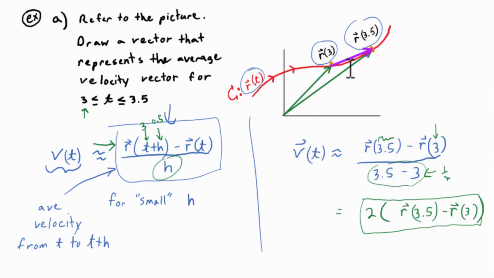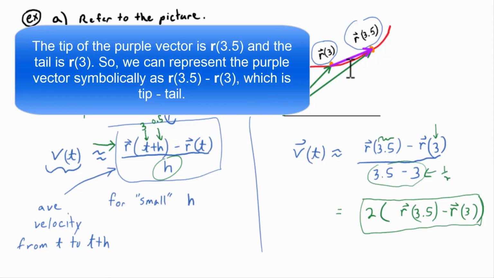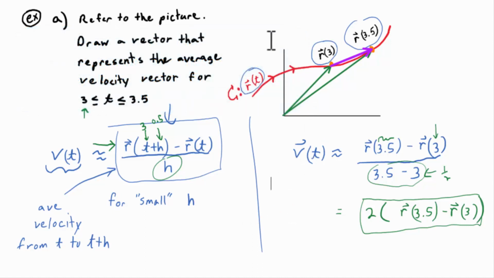Okay, so that vector in purple there is r of 3.5 minus r of 3. Just think tip minus tail, right? So if I want to make a vector twice as big, which is going to represent my average velocity vector, then all I have to do is make that vector in purple about twice as long, right? So let me grab hold of that vector in purple.